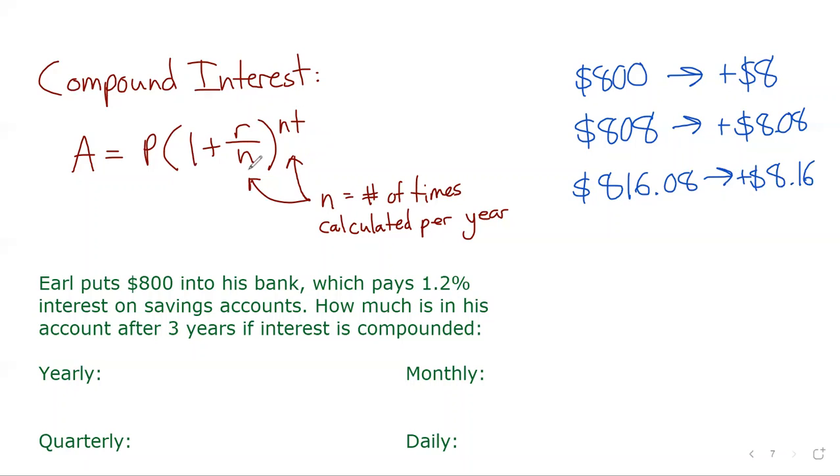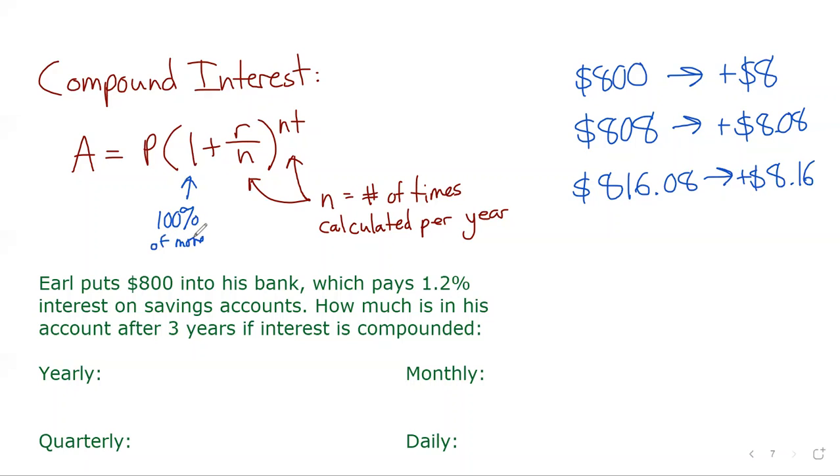We're adding one variable here, which is n. And we're going to do a few examples of this. So we still have principal. We still have, okay, a little different in here, 1. This is like the 100% of your money that you're still going to have.